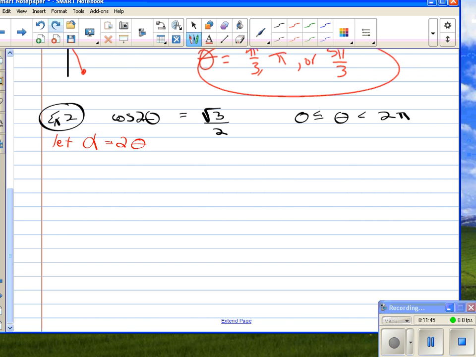This is just a little trick. I call it, this time it's alpha substitution. So now, cosine of 2 theta really turns into cosine of alpha equals the square root of 3 over 2.